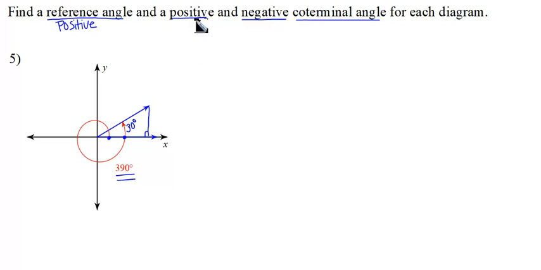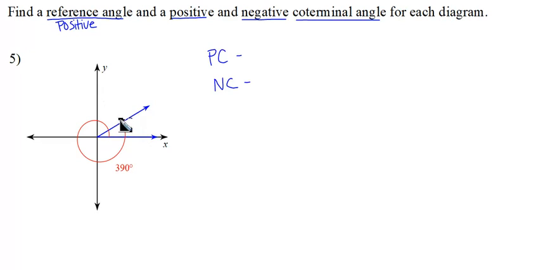Now they want me to find a positive and a negative coterminal angle. I'm just going to call this the PC and the NZ. Coterminal angles are infinite. You can find tons of them because a coterminal angle is simply an angle that ends at the same place that your angle ends at.